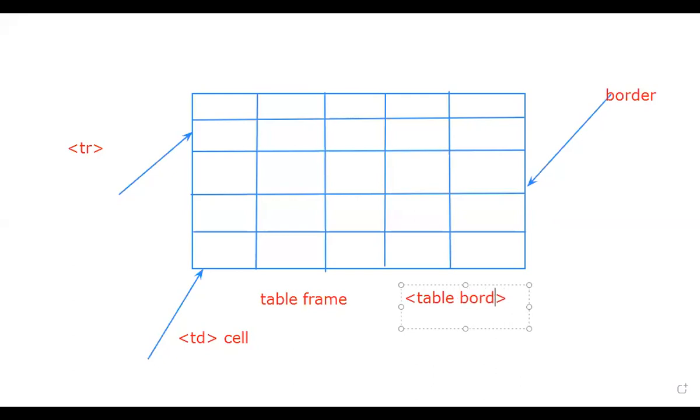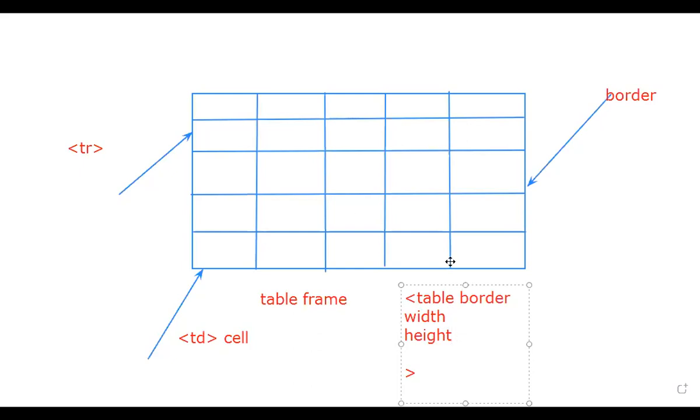What else can I do with my table? What are the other attributes that I can apply? I can take table width, and I can take table height. These are a few attributes which you came to know from this border. So I can set the width and the height for this table tag.